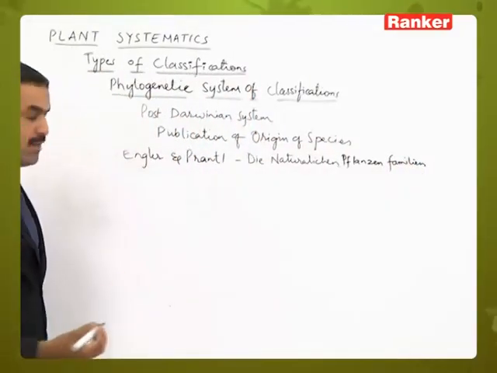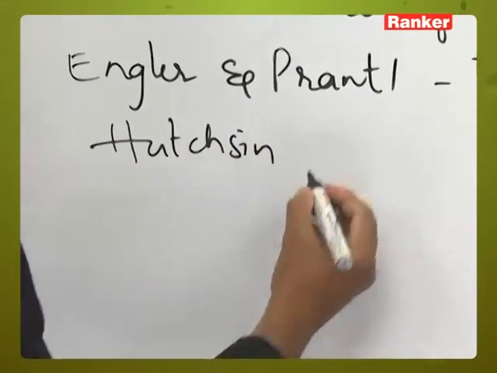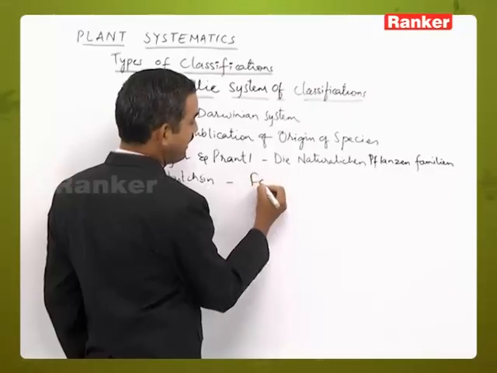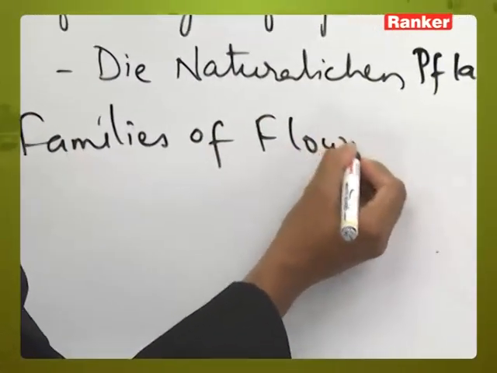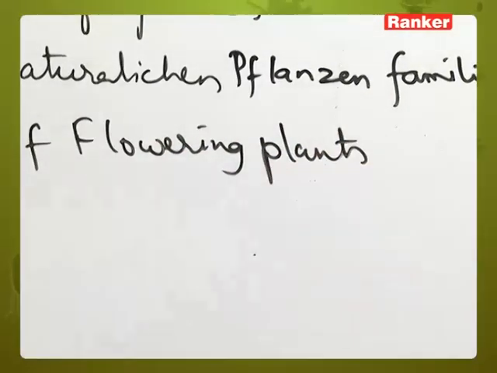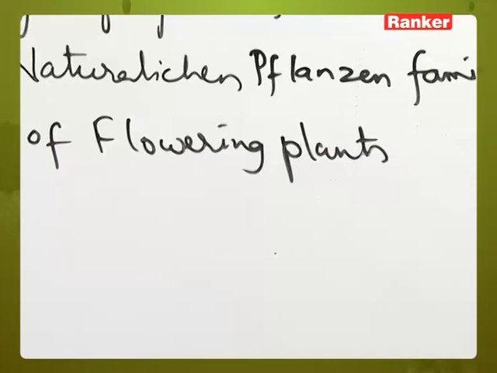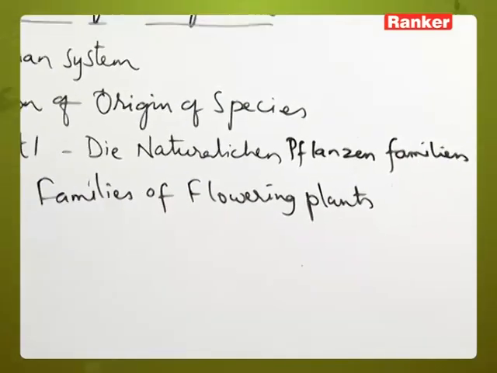Then a little modification can be observed in the classification given by the scientist Hutchinson in his book called Families of Flowering Plants. Likewise, more and more advancement can be observed in the classifications given by scientists.